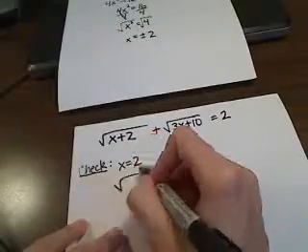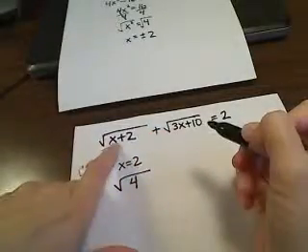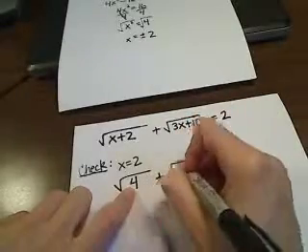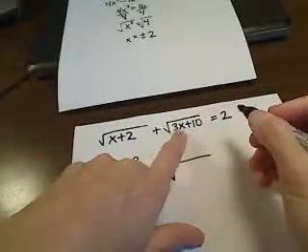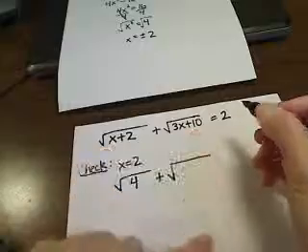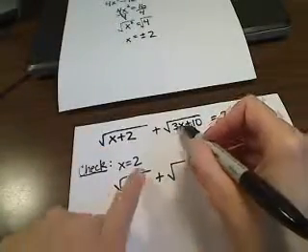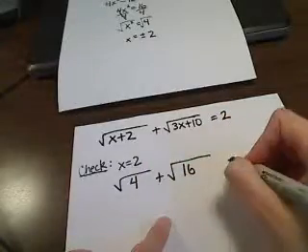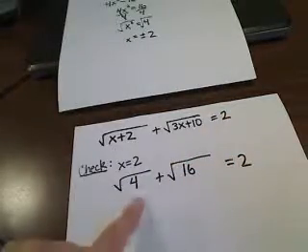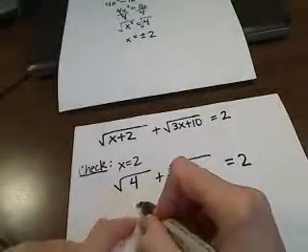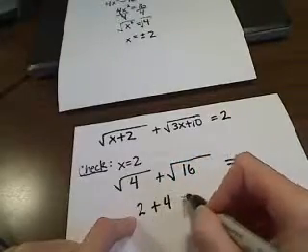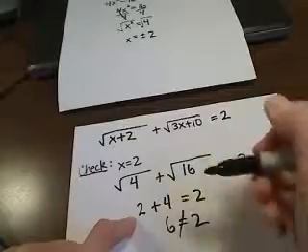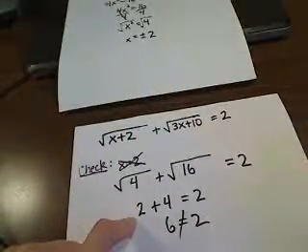If I plug that in, I get the square root of 4, plugging 2 in here, so 2 plus 2 would give me the 4. And then if I plug it in here, 3 times 2 will be 6, plus 10 would give me 16. Okay, this one's not going to work because this is going to end up being 2 plus 4 equaling 2. That's 6 equals 2. 6 doesn't equal 2. So x equals 2 is not a solution.